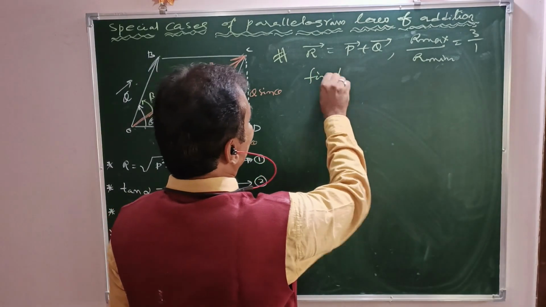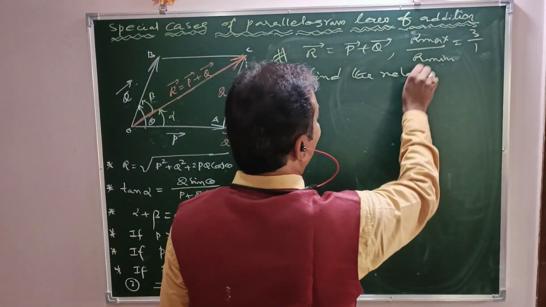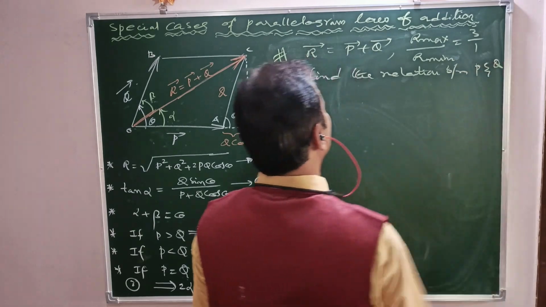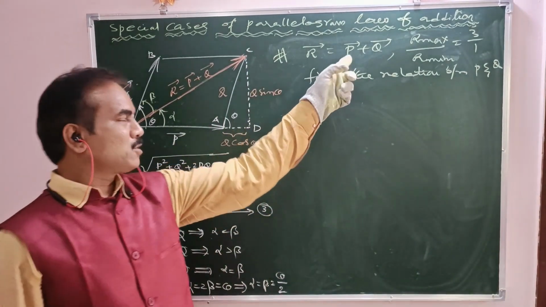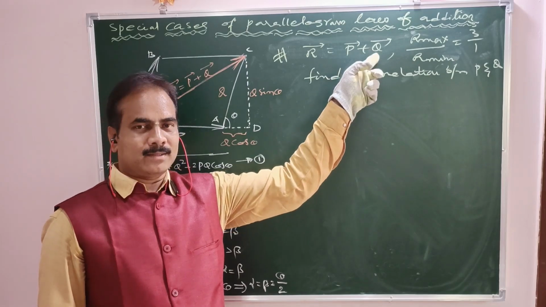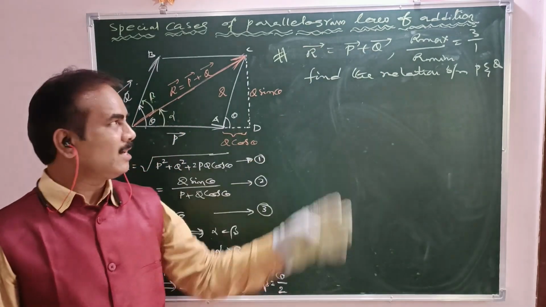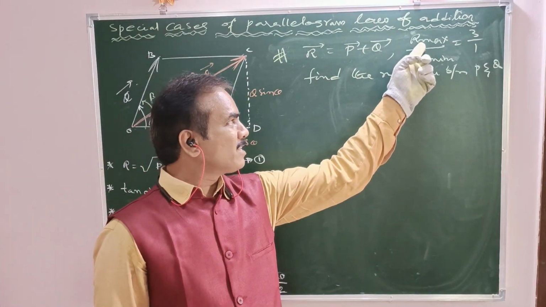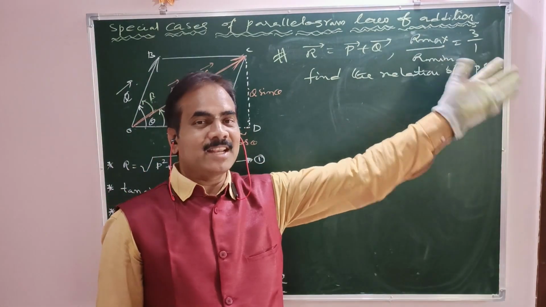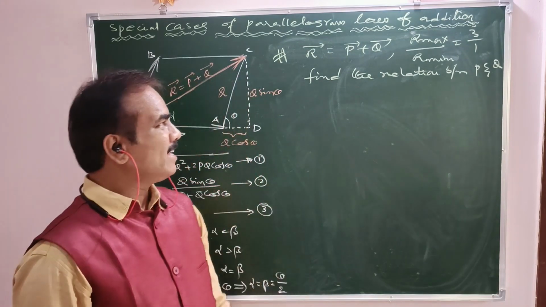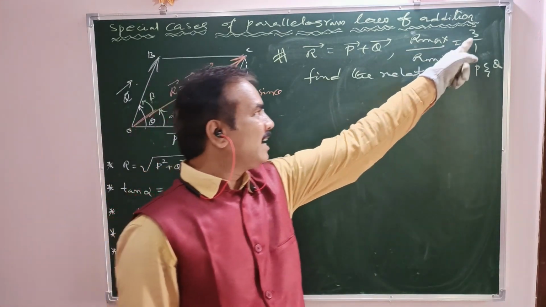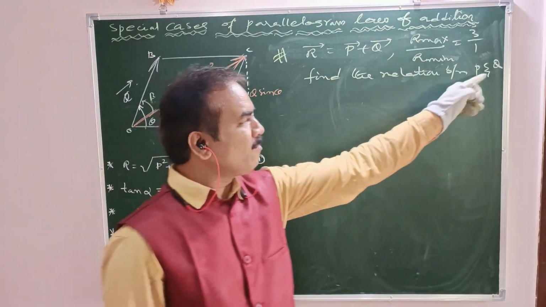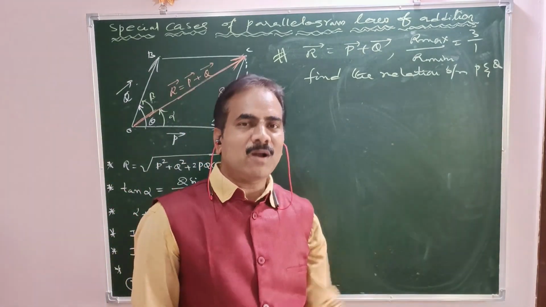Find the relation between P and Q. Two parent vectors P bar and Q bar collectively give R bar. Moreover, from the data, maximum resultant divided by minimum resultant is 3:1. That is, the maximum resultant is 3 times the minimum resultant. Then find the relation between |P| and |Q|, where P means |P bar|, Q means |Q bar|.